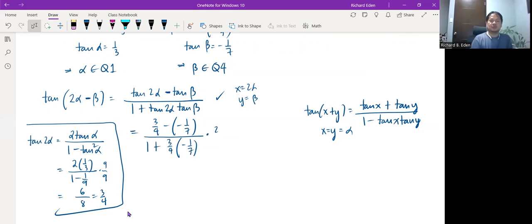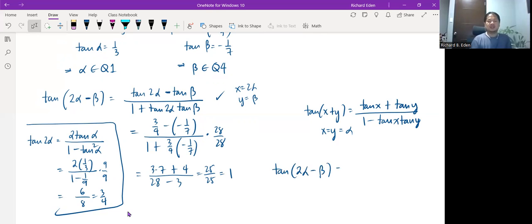I'm not in the mood to combine denominators, so I'm just going to multiply both the numerator and denominator by 28. 3 times 7, 21, plus 4 over 28 minus 3. 21 plus 4 is 25, 28 minus 3 is 25, so 1. So what we've ended up with is that tangent of 2 alpha minus beta is equal to 1.